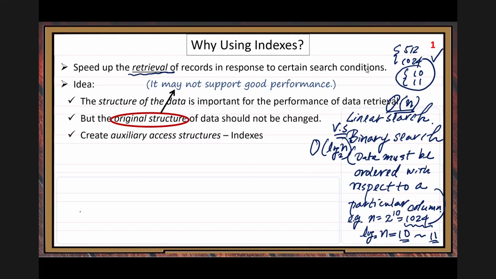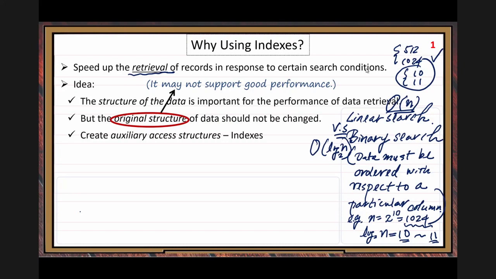Create auxiliary access structures. We call this extra auxiliary access structure indexes. Index files. They are files. They are auxiliary tables. Each index is an auxiliary file, and it's also a table. But this table is hidden. You cannot see it. Nobody can see it. You create it inside the DBMS.